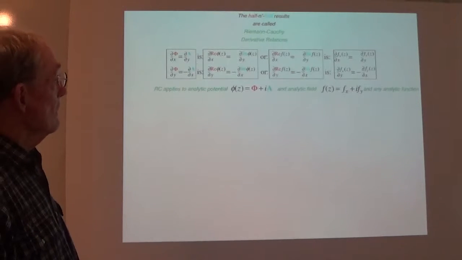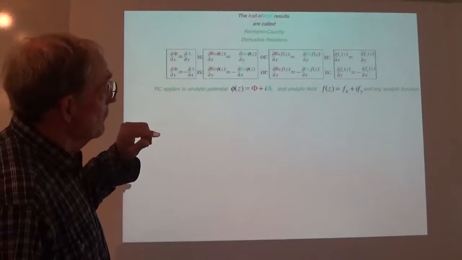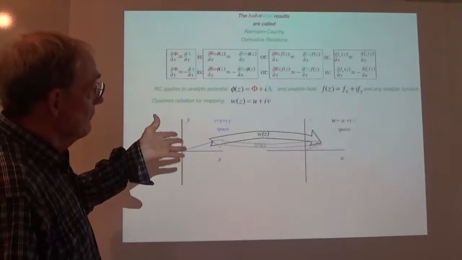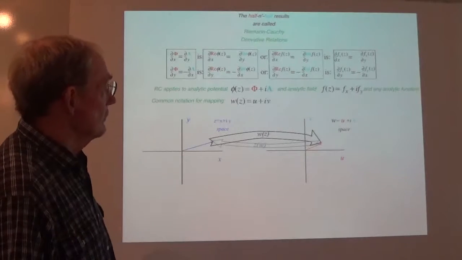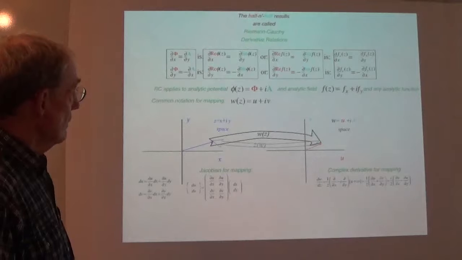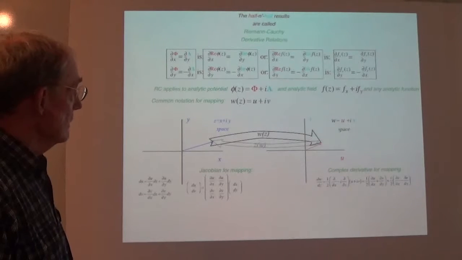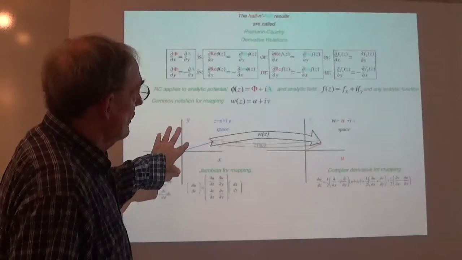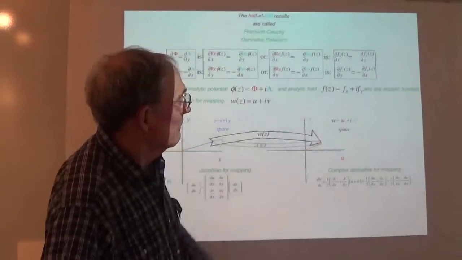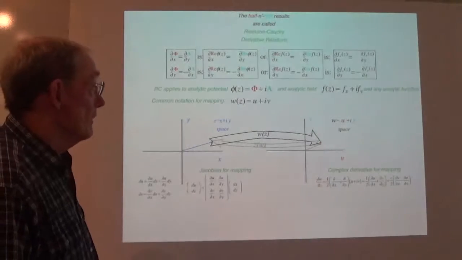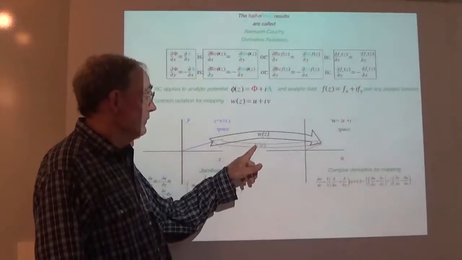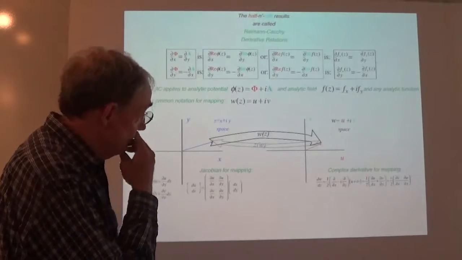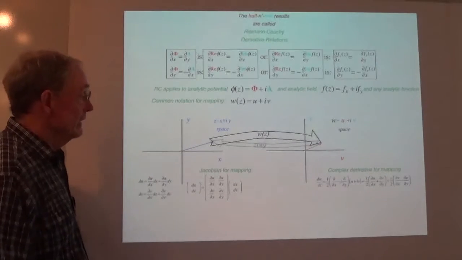Now, we mentioned also before, I'm going to go through this very quickly, but you should also take a look at, if you get a chance, the effects of mapping. And I've given you a problem that has essentially that. The basic idea of mapping from the z space to w space, where the function that does the mapping is any one of these functions that we've talked about, not just the 1 over z mapping.